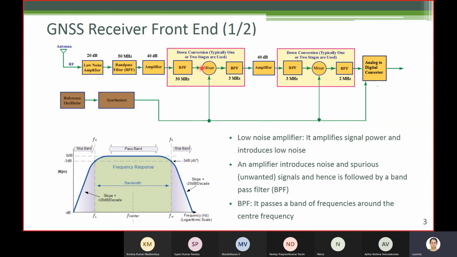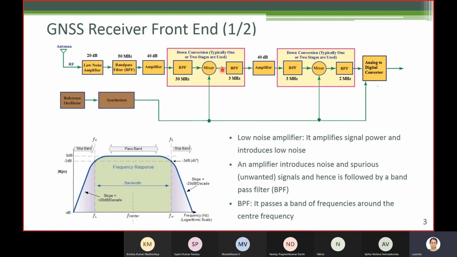In this case, one is the incoming signal, after some level of processing, and the other input is the reference signal. The receiver generates a reference signal with the help of the reference oscillator and synthesizer, and that is fed to the second input of the mixer.